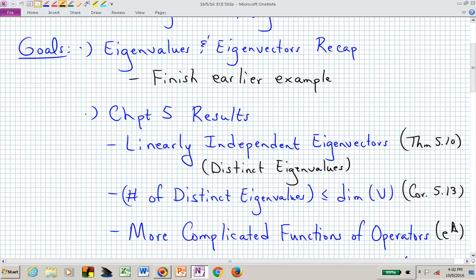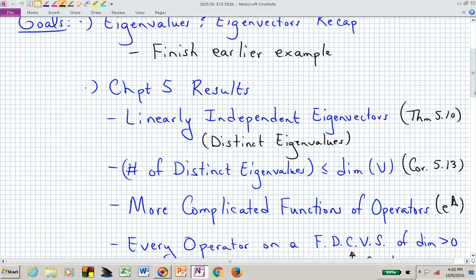Namely, if you have distinct eigenvalues, then those provide you with a set of linearly independent eigenvectors. And we know what we can do with linearly independent vectors in terms of forming basis vectors.